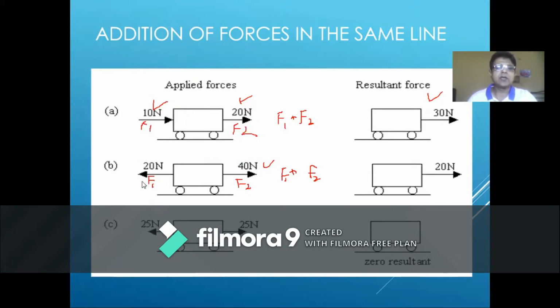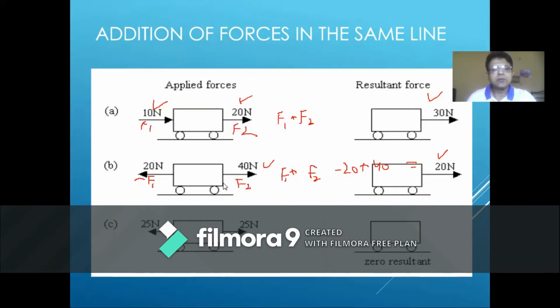Either you can say F1 is negative or F2 is negative. Here I'm picking F1 as negative because it is going in the opposite direction. So when I'm putting in values, that will be minus 20 plus 40 Newton. The overall resultant is equal to 20 Newton, so a 20 Newton force is acting on the right side. We can also say this object will move towards the right side as the 40 Newton force is acting on the right side.